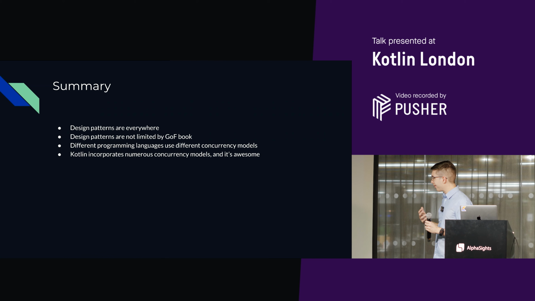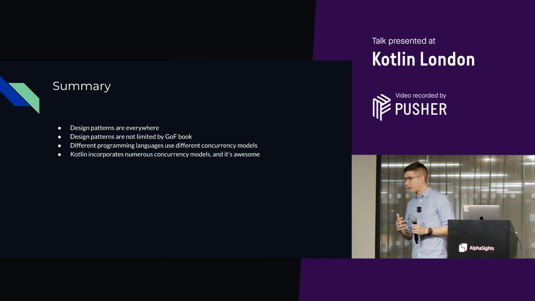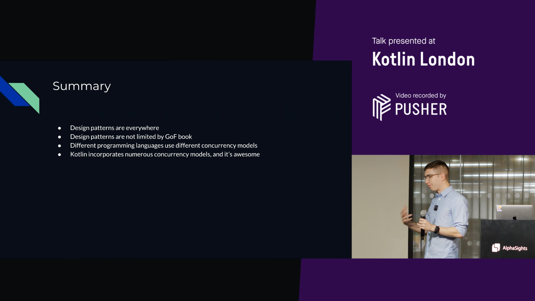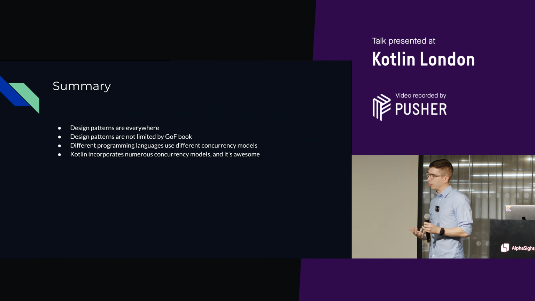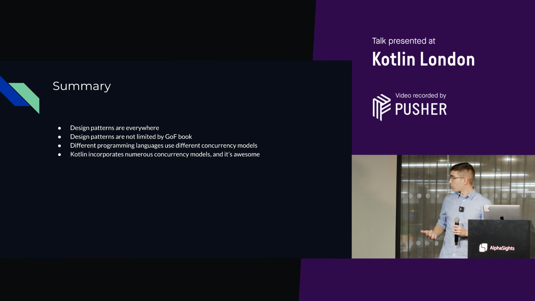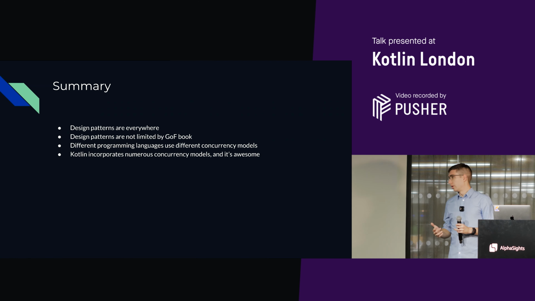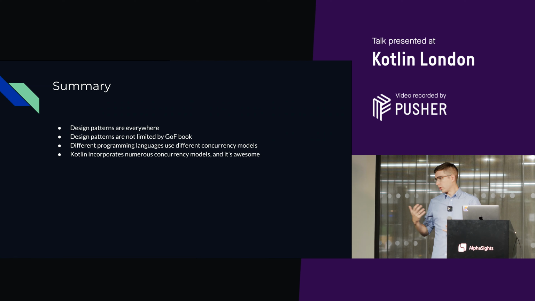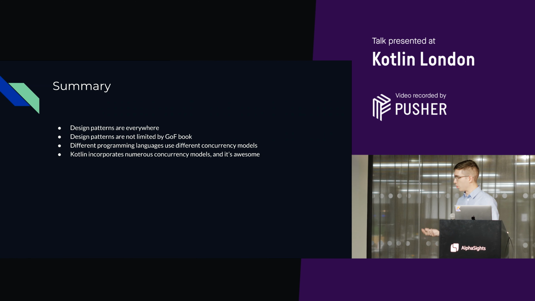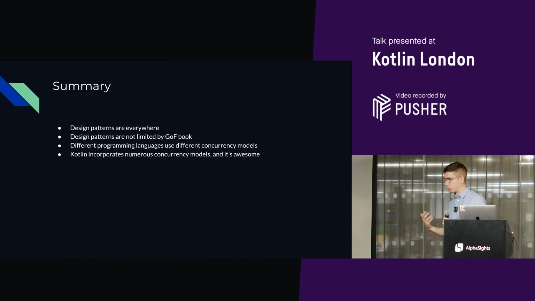But the awesome part of Kotlin is that it incorporates different concurrency models in the same language. We've seen event loop, multi-reactor, and actors, all in the same language. It's flexible enough that you can choose the best tool for your case.